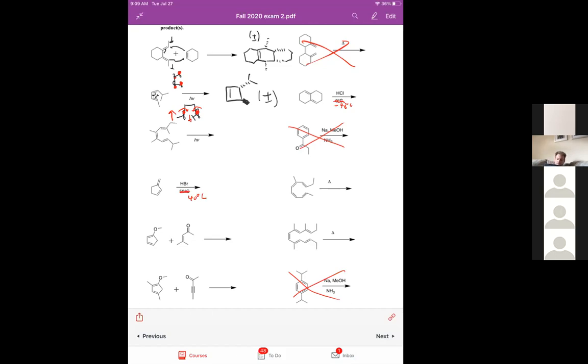Next one, we got 3 double bonds, so you can make a 6-membered ring. Doesn't matter which one you put on the dash and which one you put on the wedge. Nope, because you have the plus minus. Okay. All right, same thing. We got six orbitals because we have 3 double bonds.